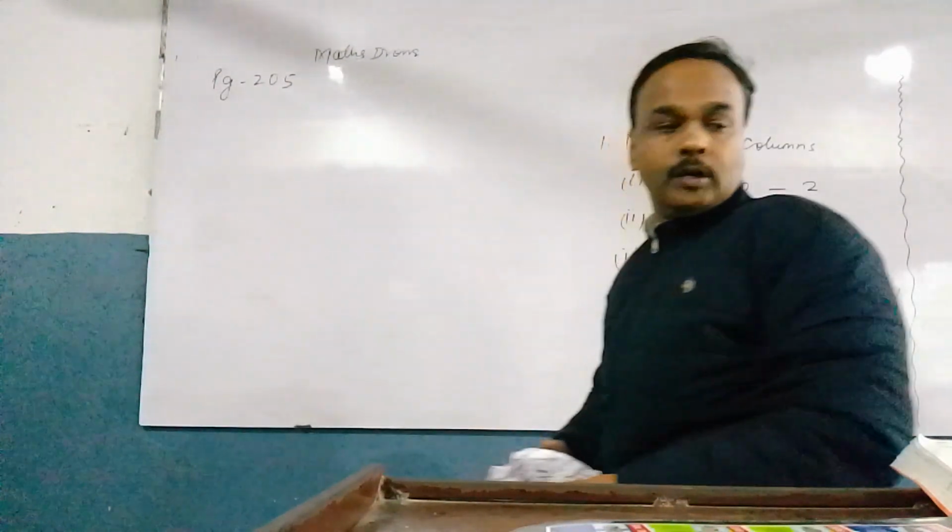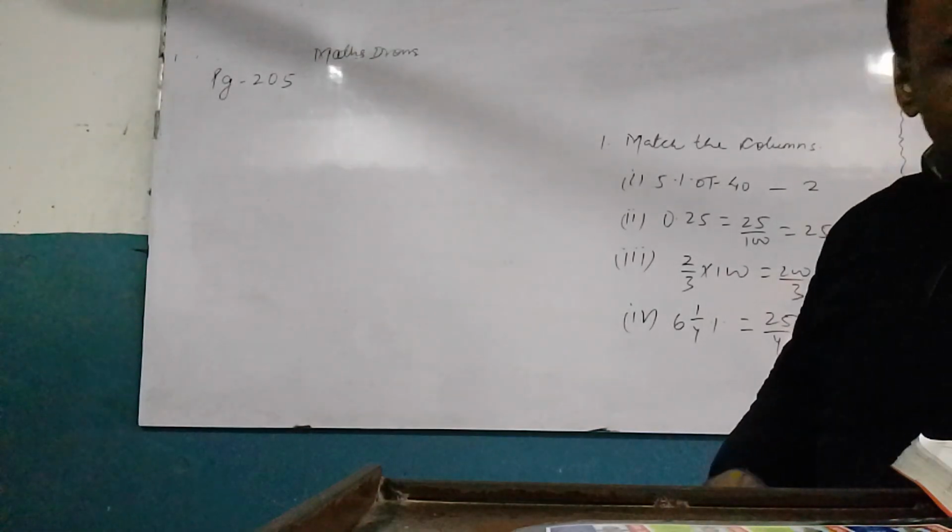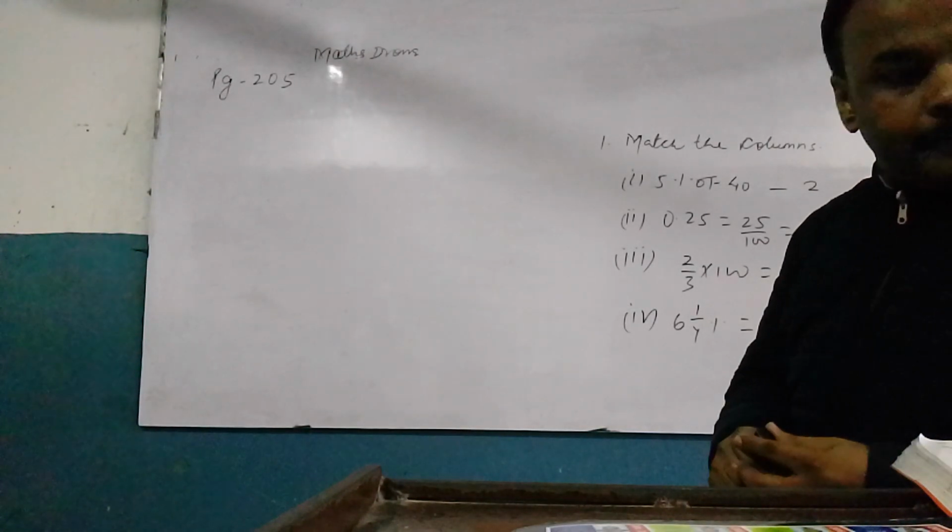See, assertion is question number 1. Assertion is 20% of the students are passed out of 40, then the number of students passed is 80. Assertion A is true.